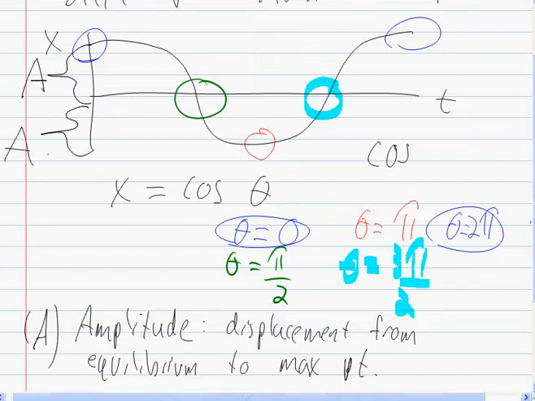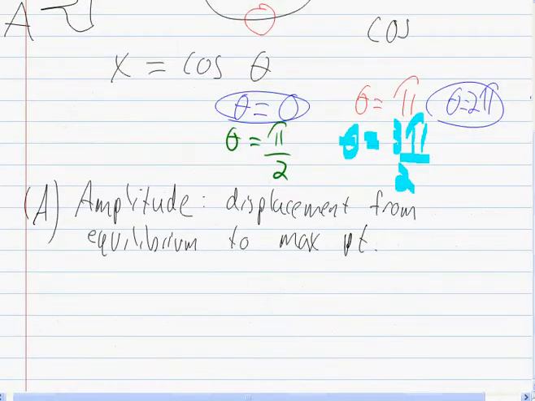So if I represent this as x equals A cosine of theta, well, this theta needs to be some function that describes how it moves.